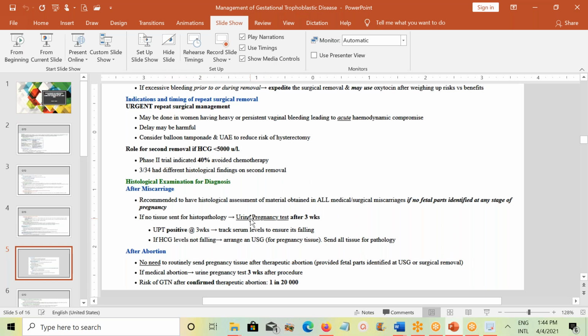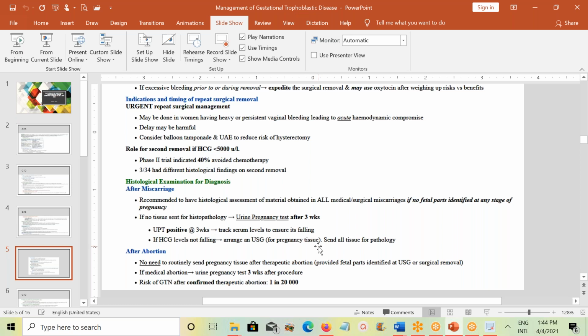If the urine pregnancy test is positive after 3 weeks, this is an indication for serum assessment of the level until it starts falling and drops to the baseline, like 2 international units. Till that point we need to follow her up, and if the beta hCG level stops falling, we will have to arrange an ultrasound for retained pregnancy tissue, and if we find any tissue to remove, we need to send it for pathological examination.